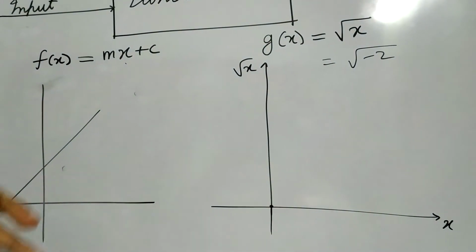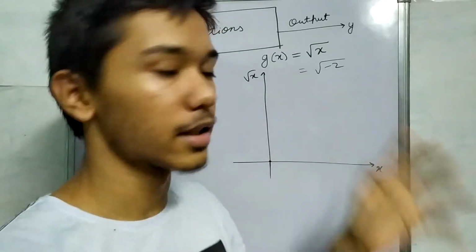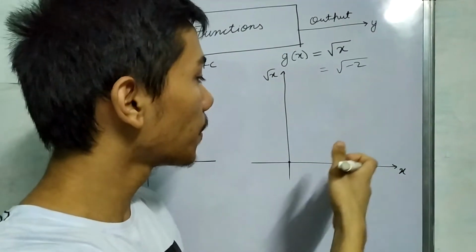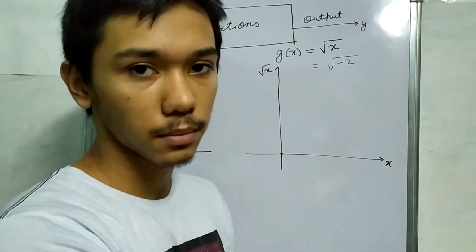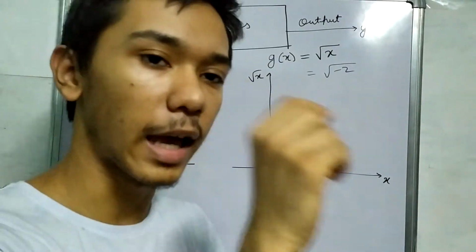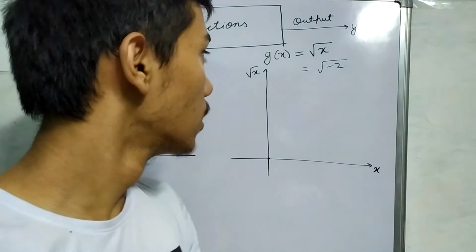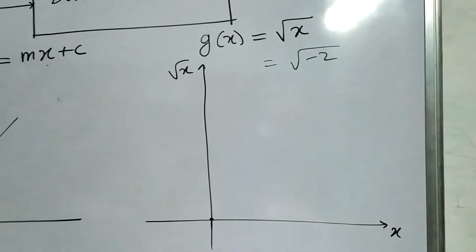Those of you who know what imaginary numbers are, yes, that's root 2 iota. But the thing is, we can't plot them. If we have imaginary numbers in there, we can't plot them. And even if you come up with some function of a real part and some imaginary part, we can only plot its magnitude.